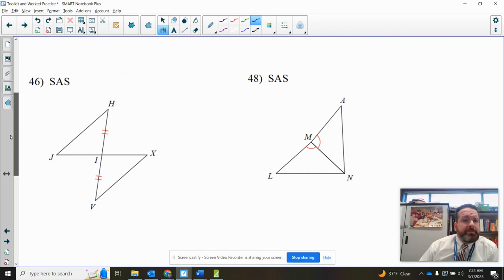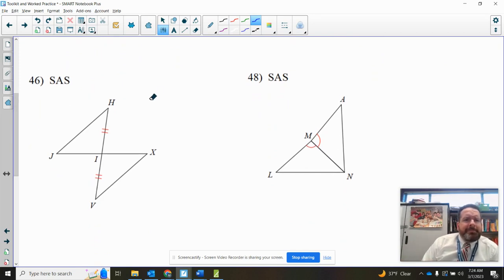Next up, let's see what we got. So I know that those sides match up because these angles are across from each other at an intersection. Those are vertical angles. Those also match up. Now we're told this time to use SAS. Make sure you're going in the right order. So in the top triangle, I've got to go from side to angle to side.